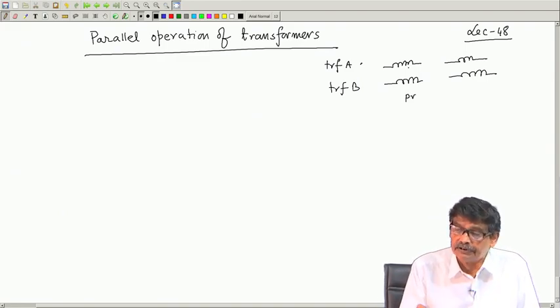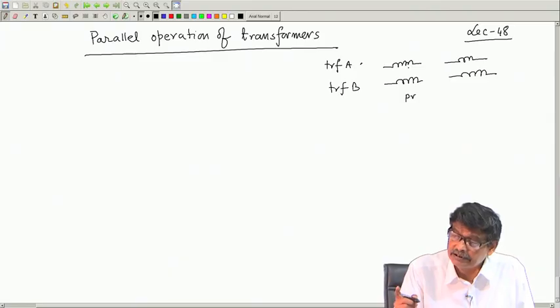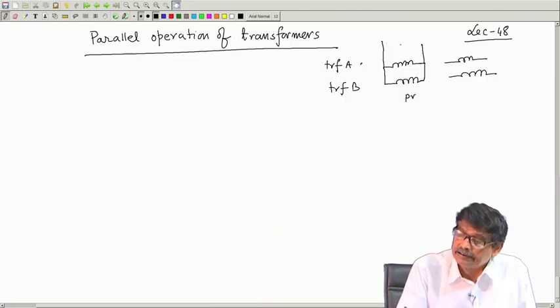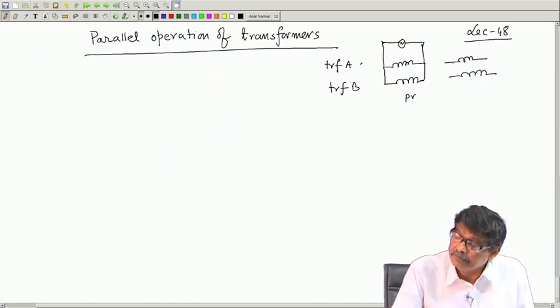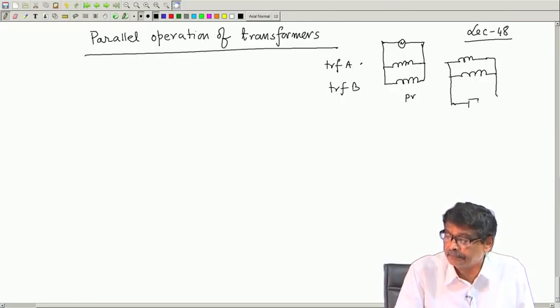So, what does parallel operation of transformers mean? The primaries will be connected in parallel and excited from a voltage source. The secondary windings will be connected in parallel and the load will be connected.